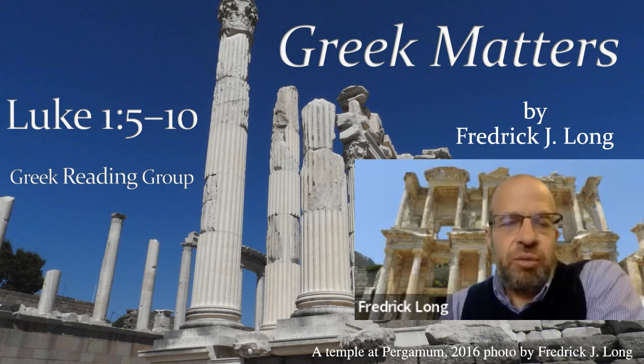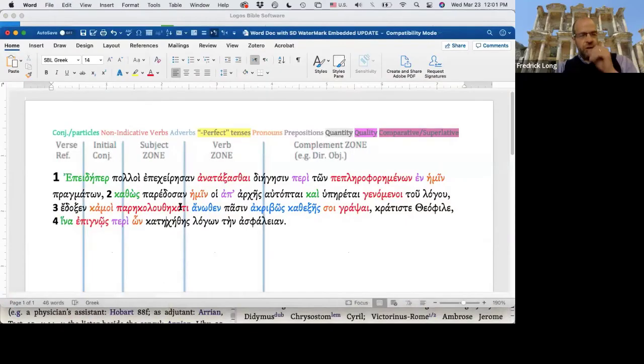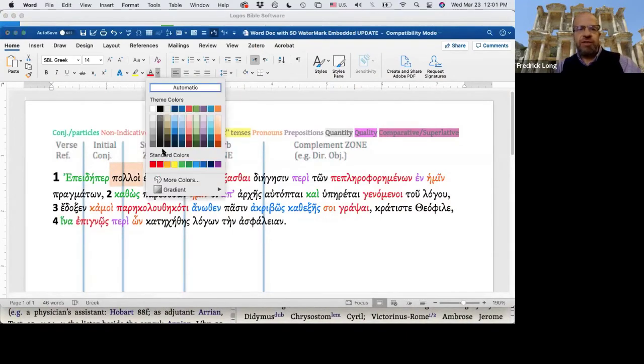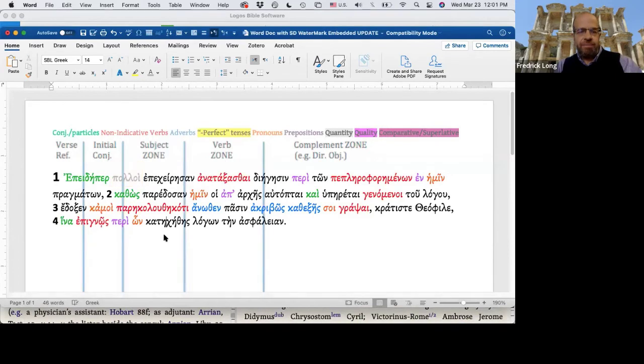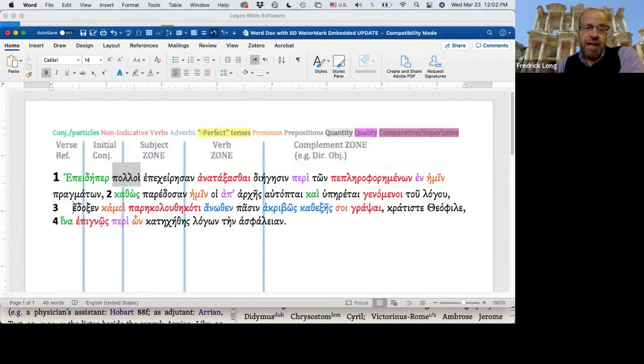So I've got a color coding text up, and I wanted to just look briefly at some things here, just looking again at verses 1 through 4. The main sentence is found in verse 3, actually.